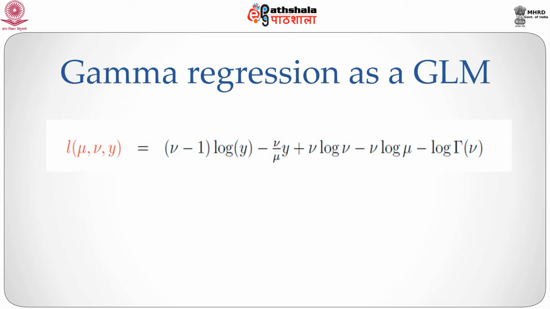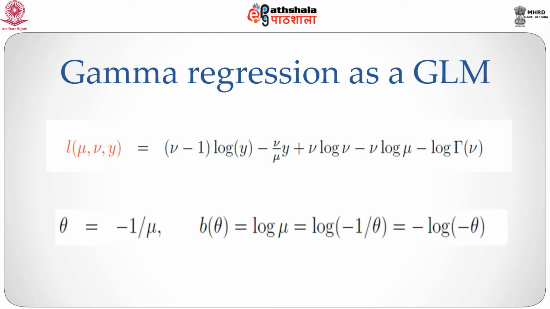This can be brought into the standard generalized linear model framework by rewriting this as ν into (minus y by μ minus log μ) plus some function c of y and ν. This means that the canonical parameter is given by θ equal to minus 1 over μ, b(θ) equal to log μ equal to log of minus 1 over θ or minus log of minus θ. The scale parameter is given by ν.